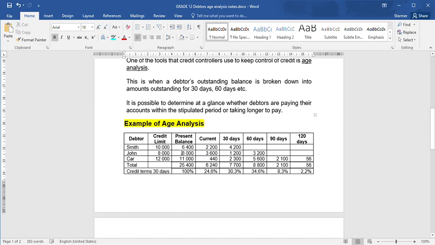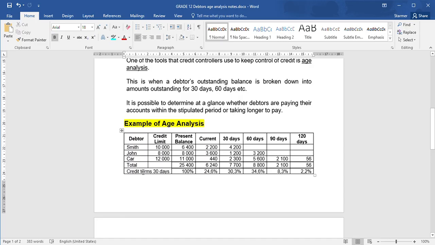His present balance is 6,400. During the current month, he has purchased for 2,200 Rand, and 4,200 Rand is what he owes for 30 days. And if you look here, the credit terms are 30 days. So this debtor here is ideal. He's sticking to his limit as well as the credit terms.